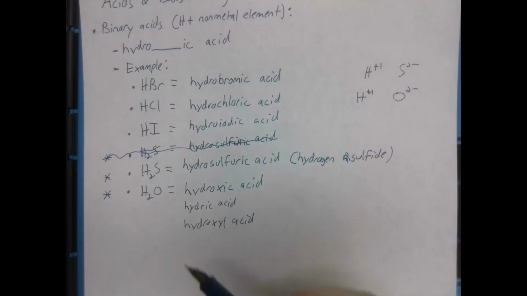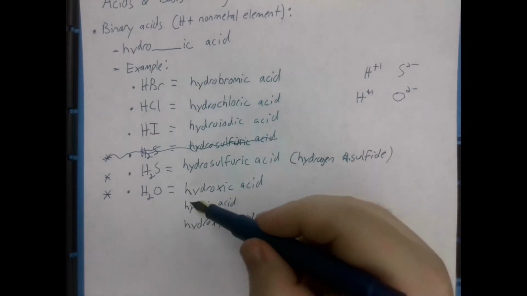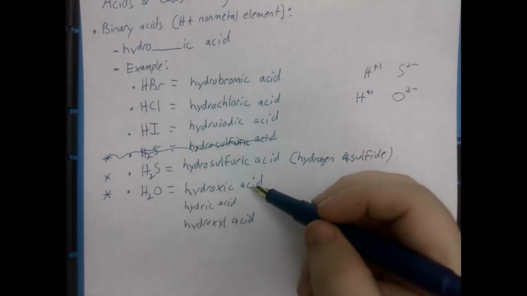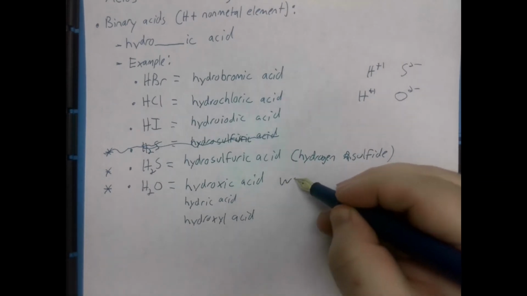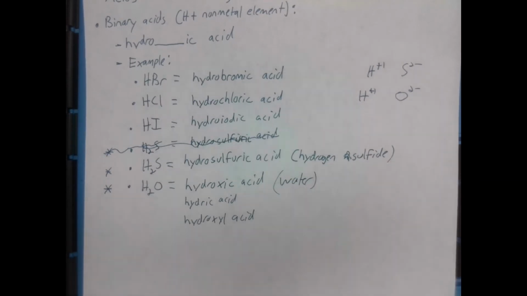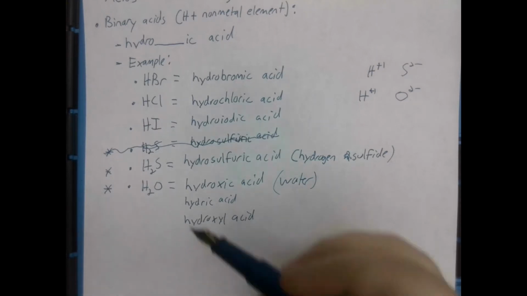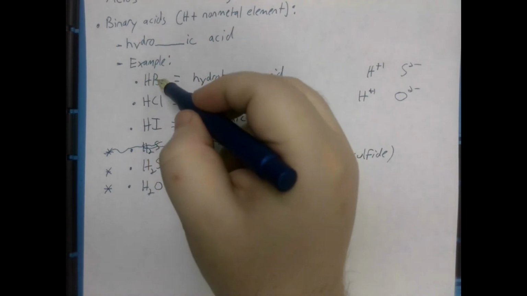But the proper way of using this naming scheme would be hydroxyic acid. Again, we call this water. We use the common name to refer to this chemical. But mostly we're going to have just the H and 1.